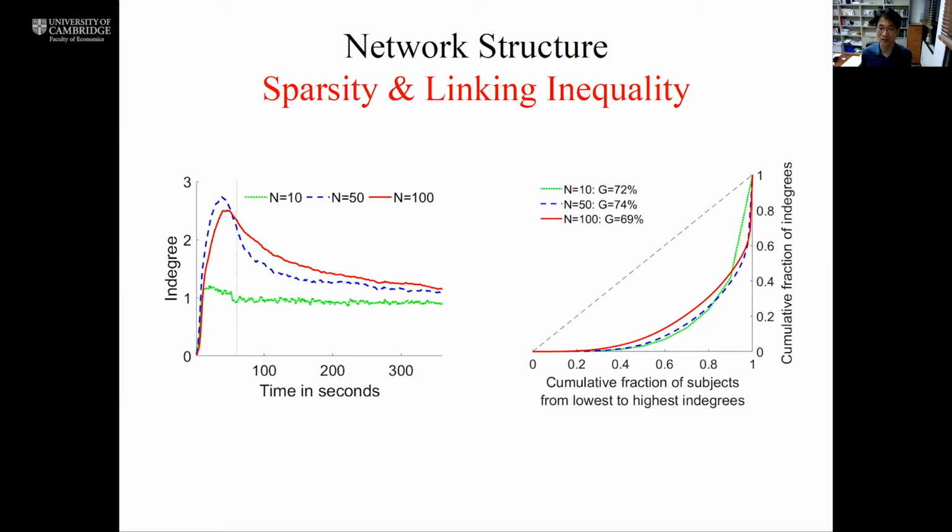As you can see, in all 3 group sizes, the Gini coefficient is quite high, and we don't see clear monotonic patterns of the Gini coefficient by increasing the group size. So we can more or less conclude that even in the small groups, networks are highly unequal.